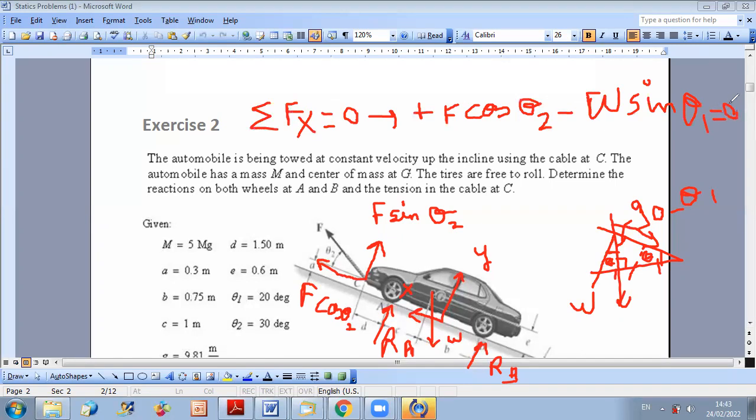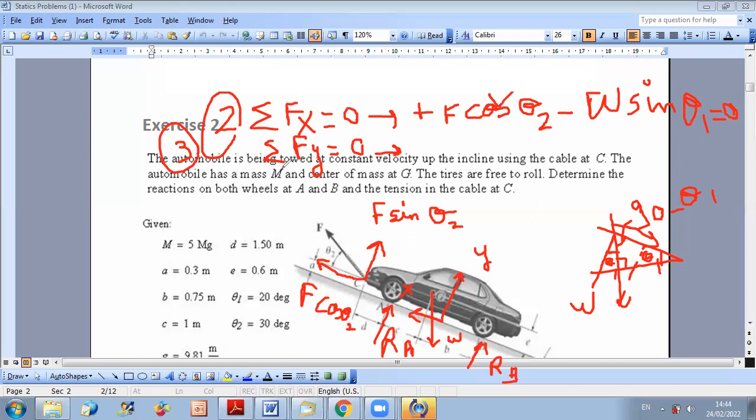This is the second equation, because we already wrote the moment equation. Now, the third equation is sum of y equals 0. From relation number 2, you can get the value of f.